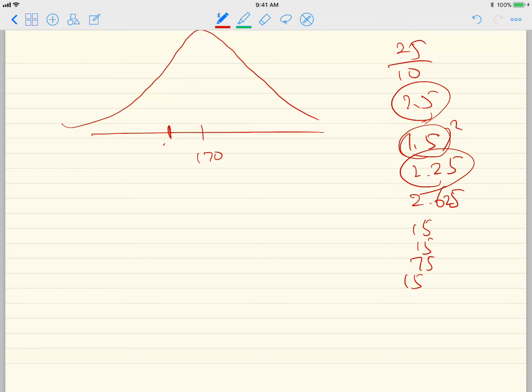Okay, so this is a standard deviation, right, of maybe 2.25. If we consider a 95% confidence interval, it's something like this.